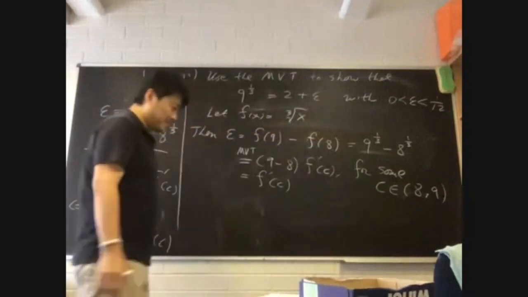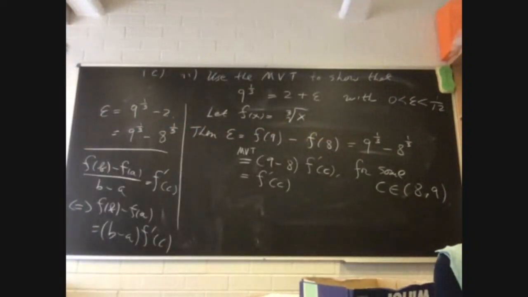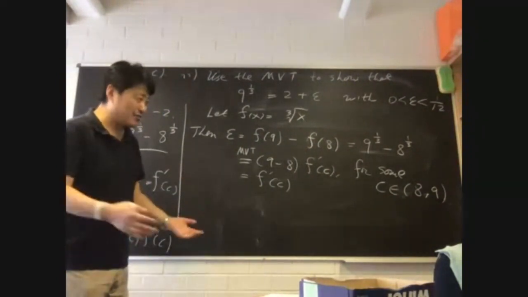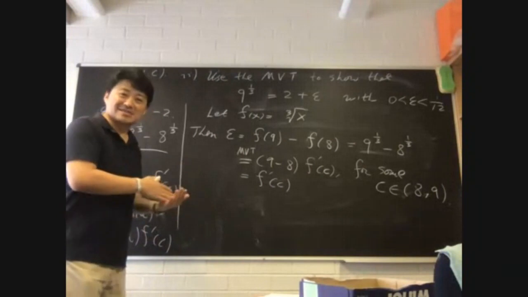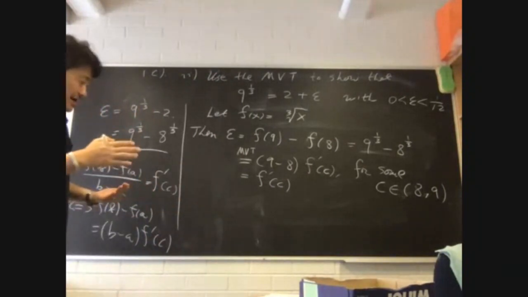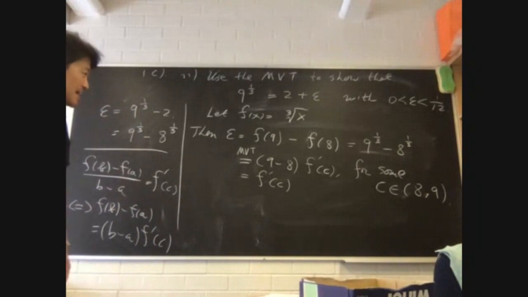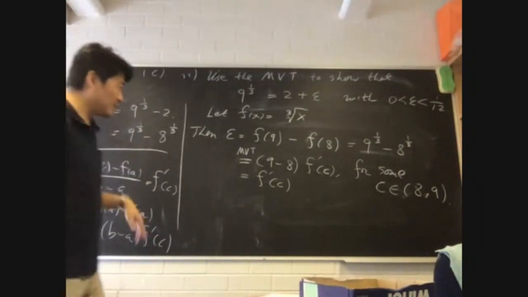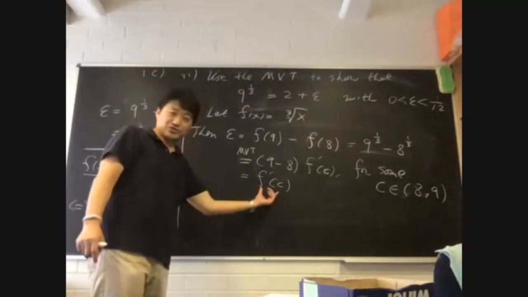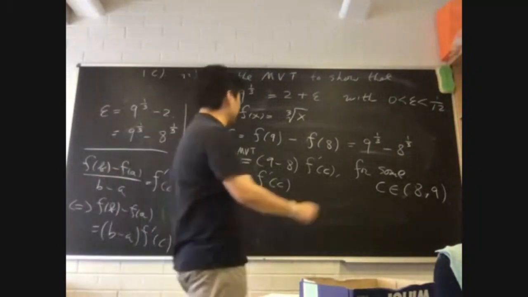So it's just a matter of figuring out what this f prime of c is. I don't know exactly what c is, but once I figure out what f prime is, I should be able to say how large or how small this epsilon gets.